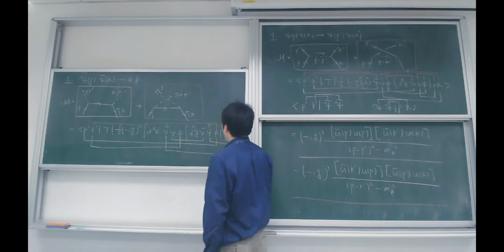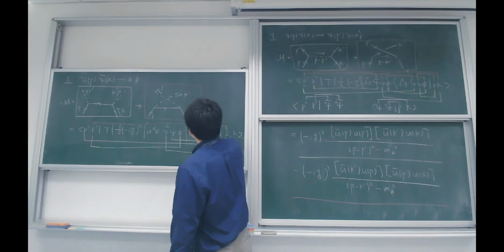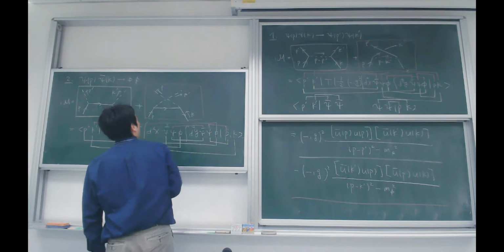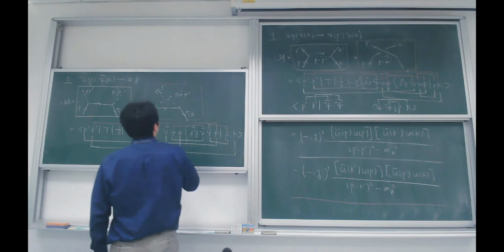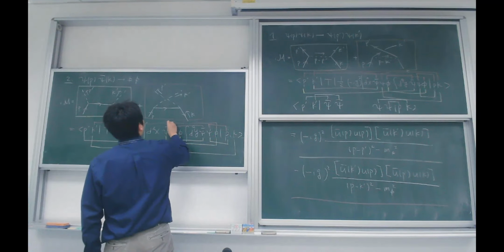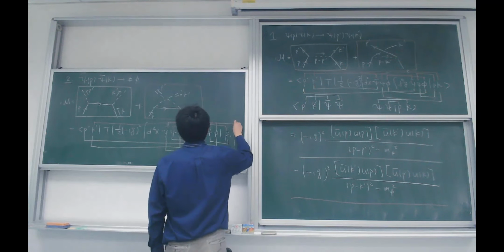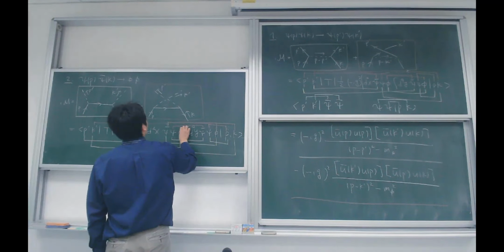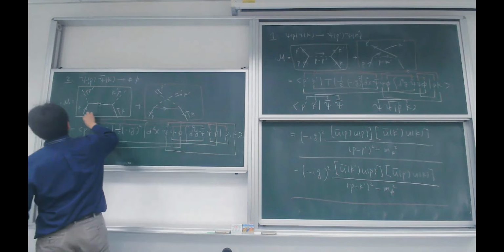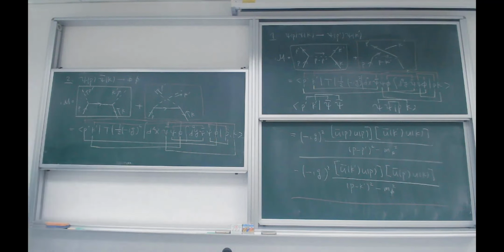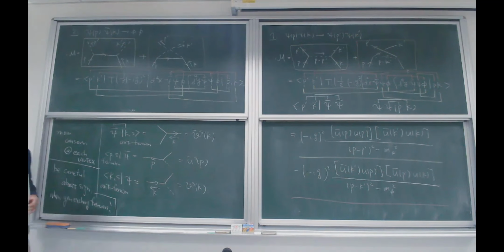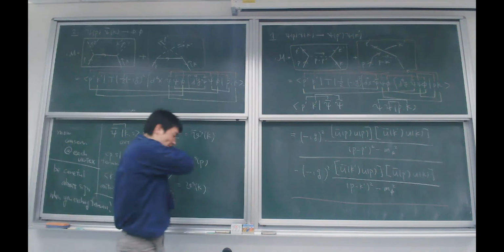And then this guy is contracted by, as always, this one, and psi bar is contracted by k, and phi is contracted by p prime. Okay, that's the rule, and we will do that.